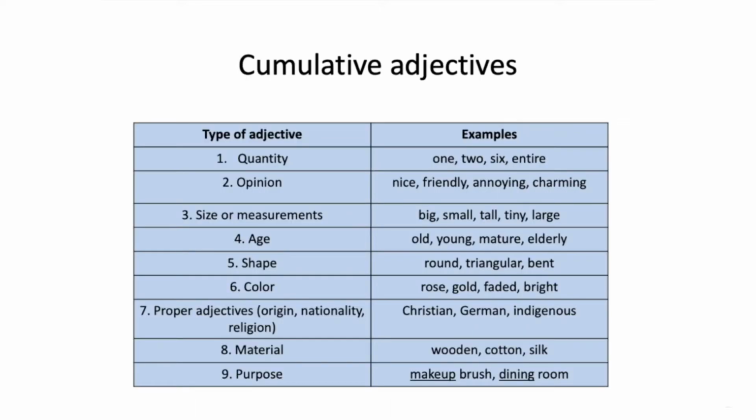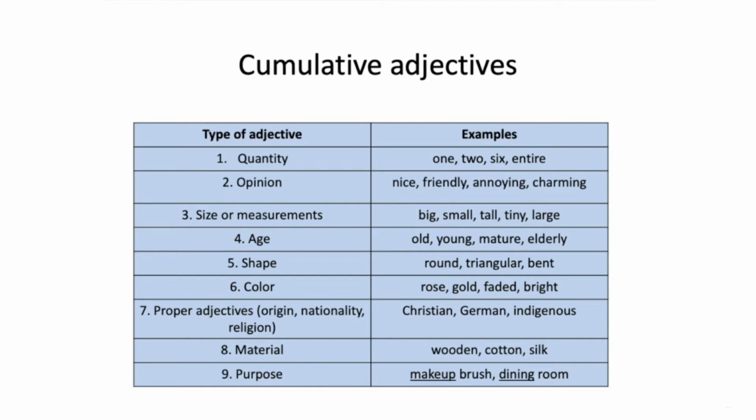Cumulative adjectives are used without any commas and always in this order: by quantity, opinion, size or measurement, age, shape, color, proper adjectives like origin, nationality, or religion, material, purpose.